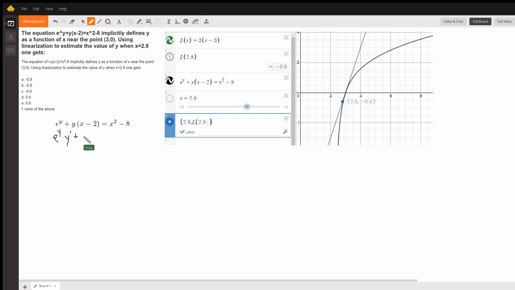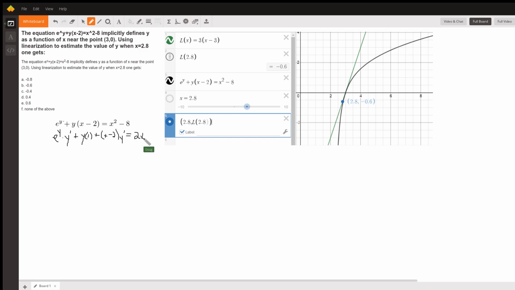The first function, y, times the derivative of the second, and I'll put 1 here for emphasis, plus the second function, which is x - 2, times the derivative of the first, which is y prime. You might be asked to write y prime as dy/dx, but I like to use just y prime. The derivative of x^2 with respect to x is 2x.